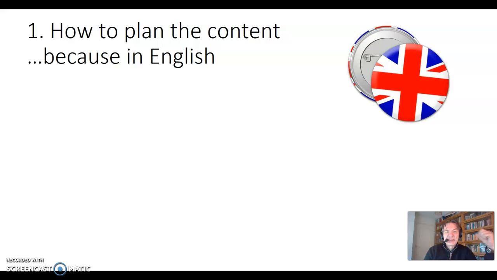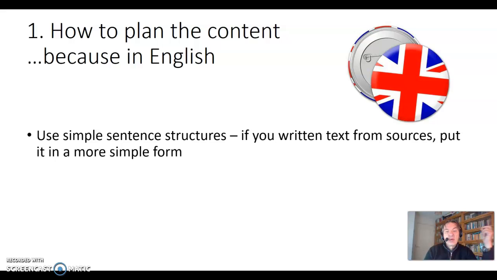There are some specific points that should be kept in mind because we're doing this in English. One is to use simple sentence structures. If you take written text from sources, put it in a simpler form. In your course materials, you have examples of how to do this, and I will show you in a moment what I mean.